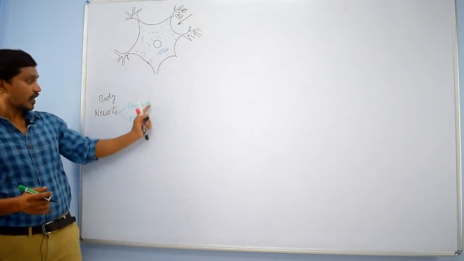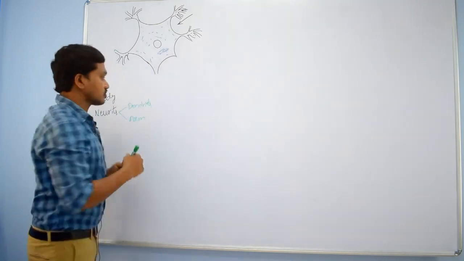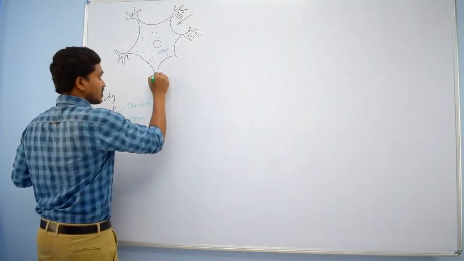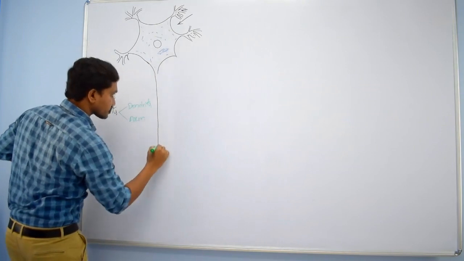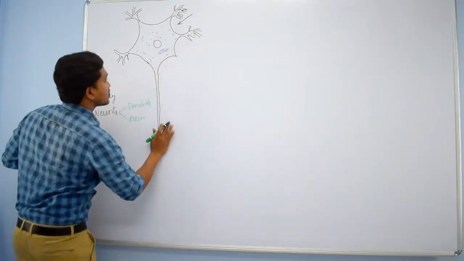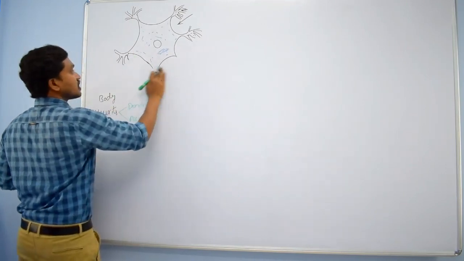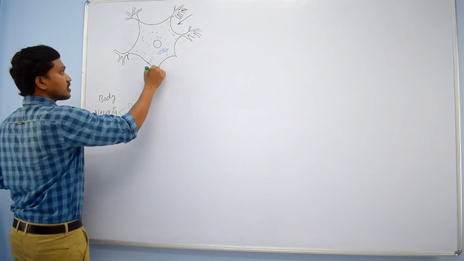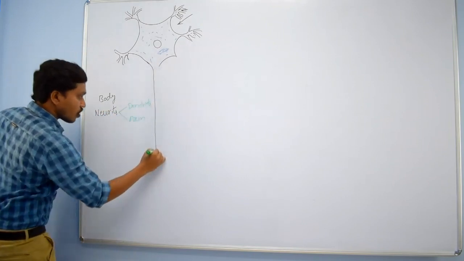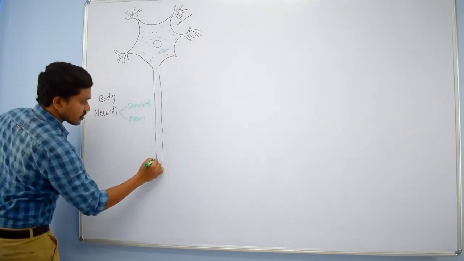Then the axon. The axon is long and it is efferent. Efferent means it carries impulses from the cell body towards the periphery. Right?